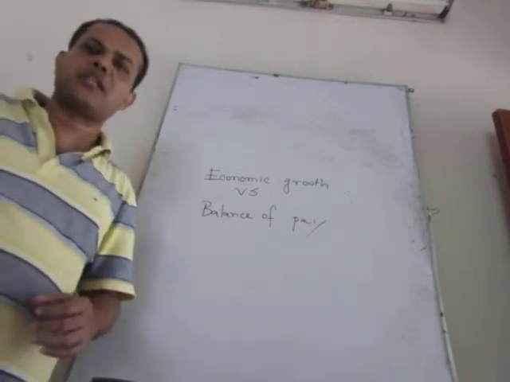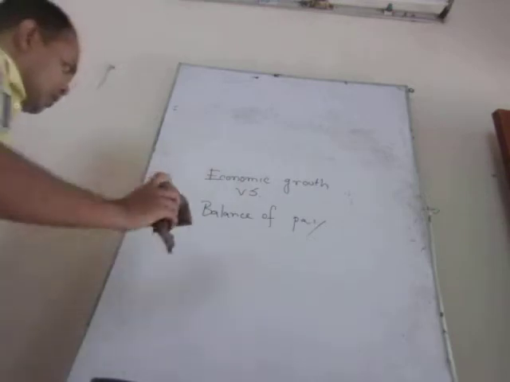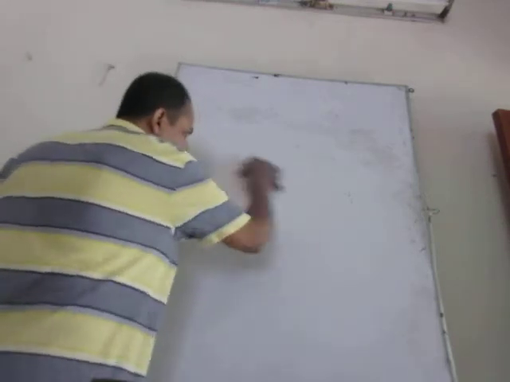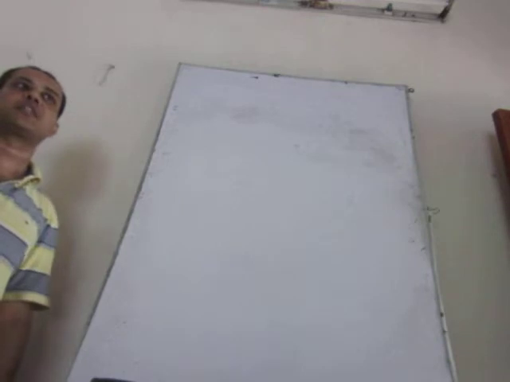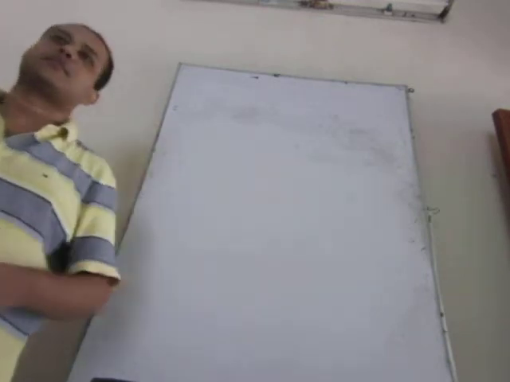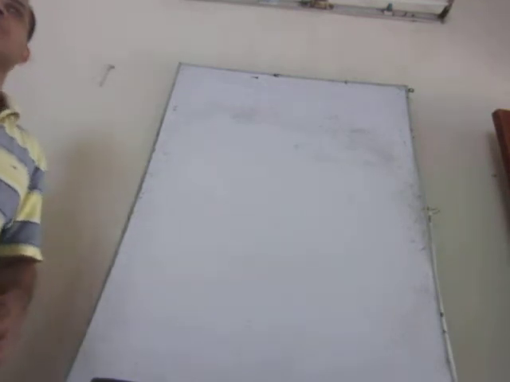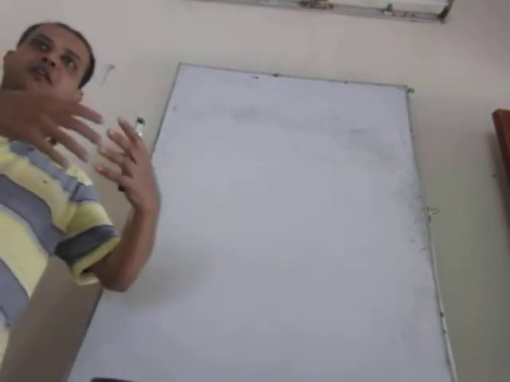So now the question in this chapter is, what will be your macroeconomic decision so that you can make some balance between these? You have to focus on the objectives, right? You have to maintain economic growth. You have to maintain full employment.